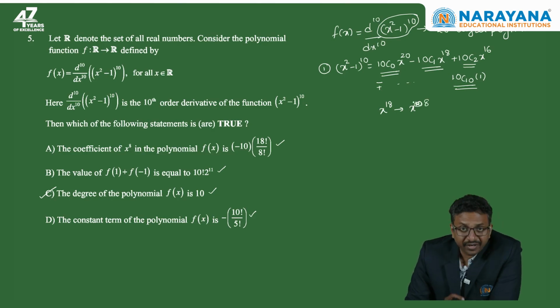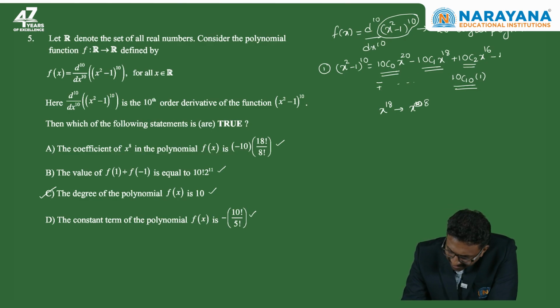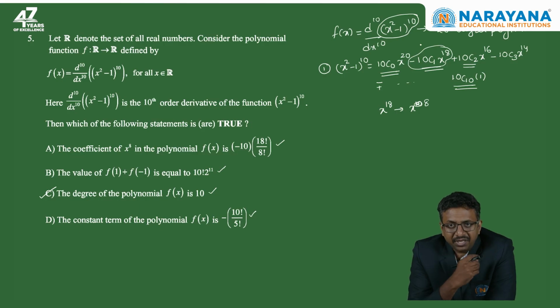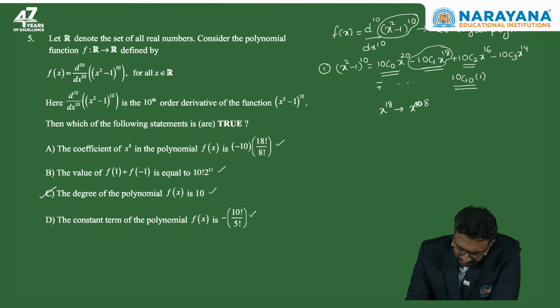So if you want the x^8 coefficient, you have to see what is going to happen to the x^18 term. So I'll write this, minus 10C3 into x^14, and so on. So this second term is the important term for option A. Next, after that, you are asked to find f(1) + f(−1).